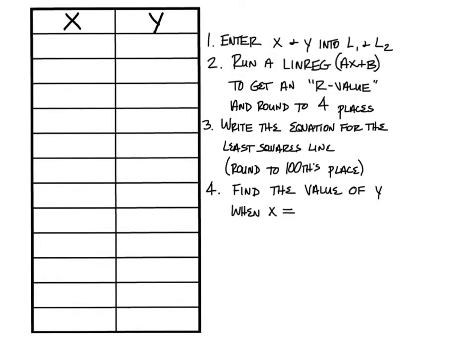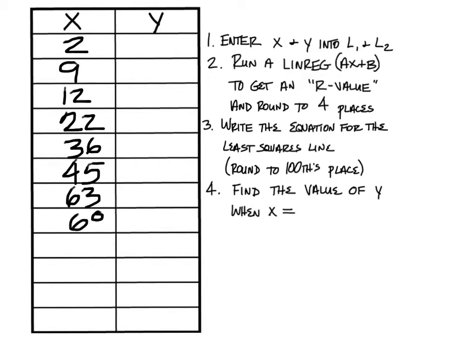You're going to turn in all 4 things here, up here at the table, and your X list is going to be 2, 9, 12, 22, 36, 45, 63, 68, 77, 82, 91, and 100.